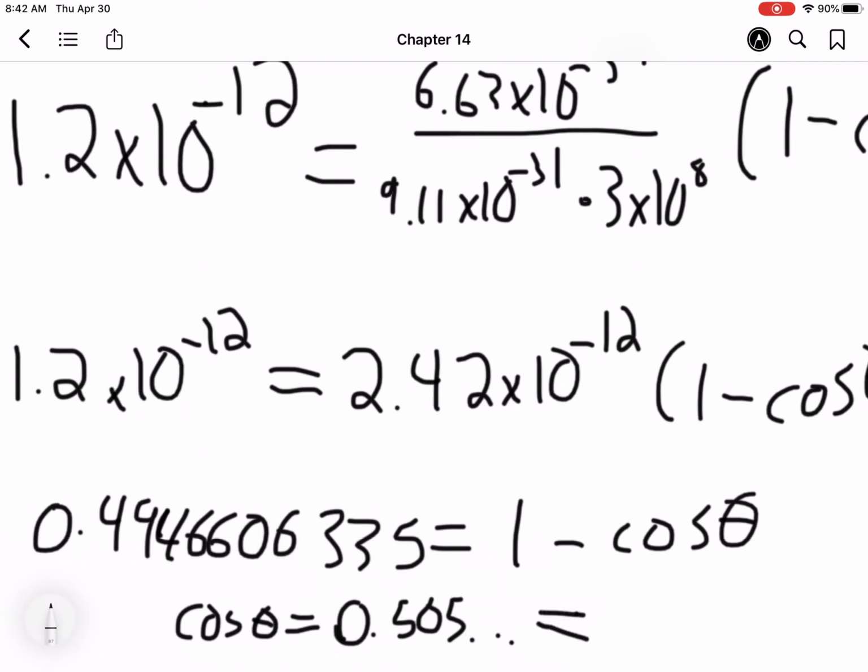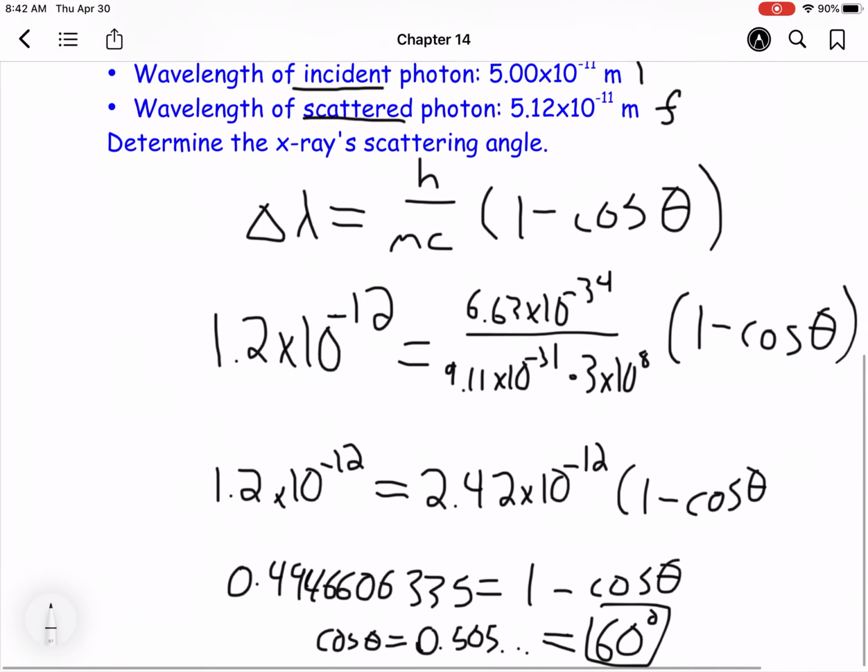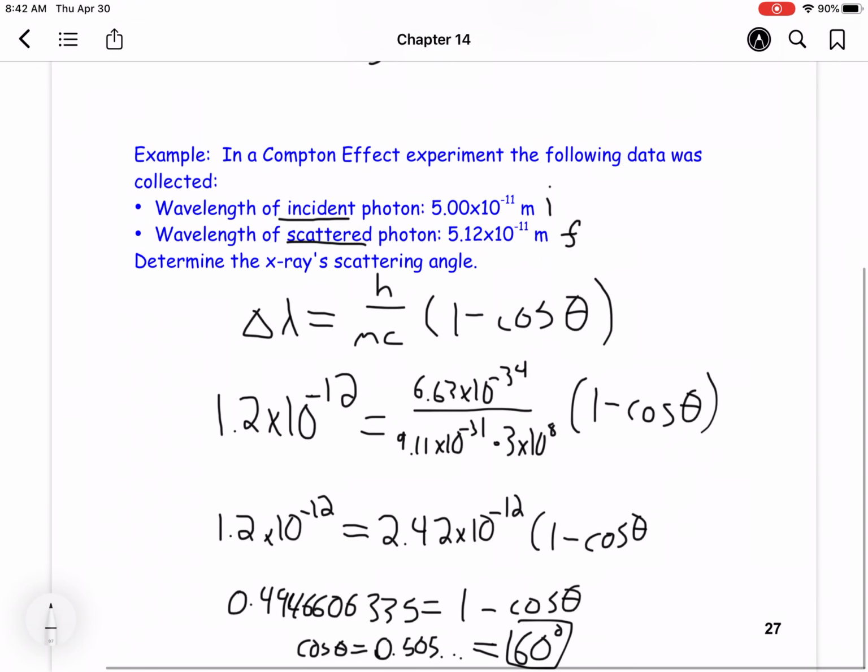Then we do the inverse cos of that, and we're going to get 60 degrees as our final answer. Sorry about that, you probably couldn't see that very well at the end. So that's how we solve that, we work it backwards. It's a lot of large numbers, so try not to make little mistakes here and there.